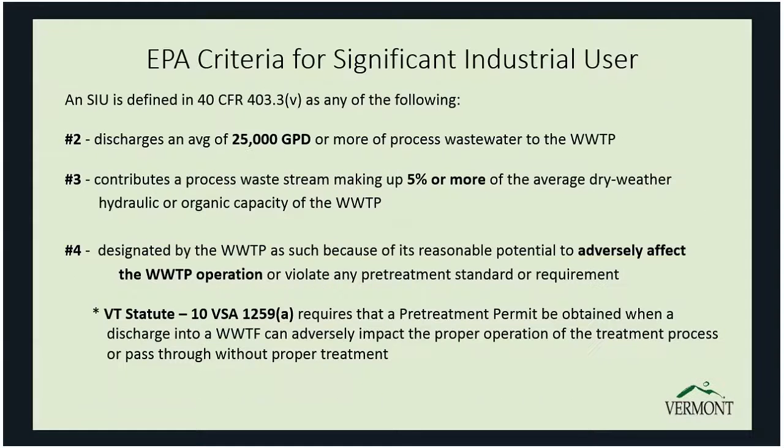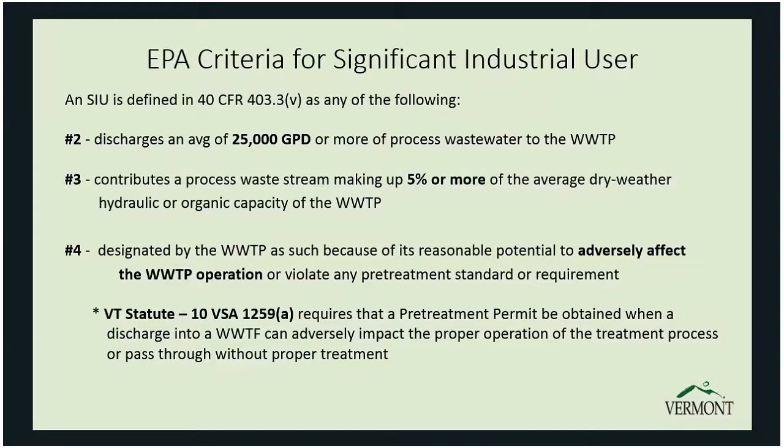If you're not in one of those categorical users, for example, a brewery or a dairy manufacturer, then the pretreatment permit is determined based on whether you fall under one of these categories: a discharge of an average of 25,000 gallons per day or more to a treatment plant, or you contribute a process waste stream like a BOD that makes up 5% or more of the typical capacity of the treatment plant.